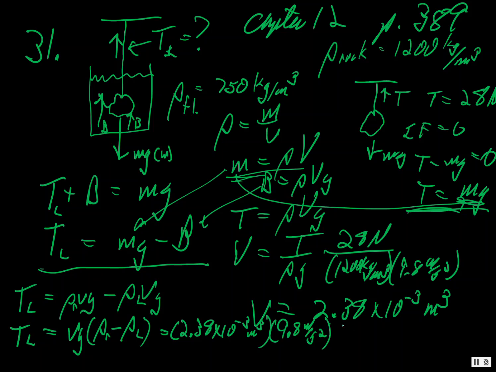And then it's times 1,200 kilograms per meters cubed minus 750 kilograms per meters cubed. And what do we get as an answer? Well, we get an answer of the tension in the liquid is equal to 10.5 newtons.